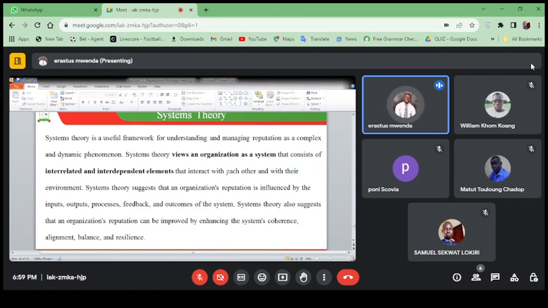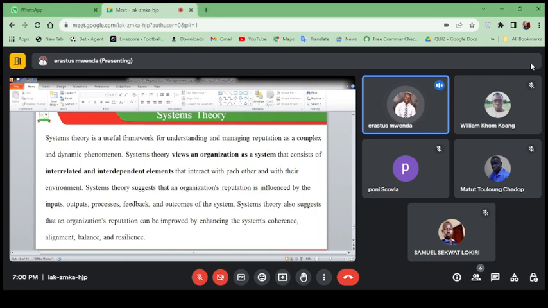It means we have a few things that have to work together for communication or reputation to remain top notch. So the systems theory simply suggests that the reputation of an organization has to be influenced by inputs.